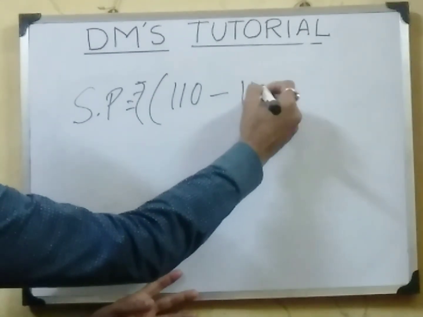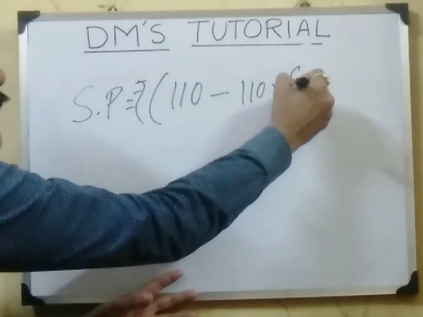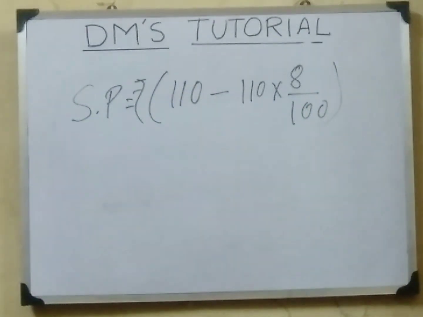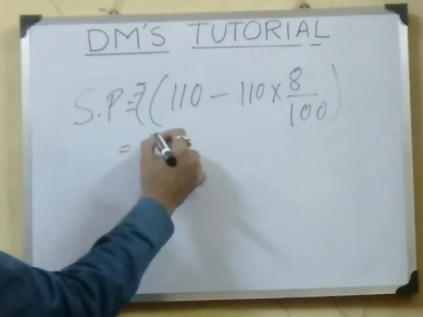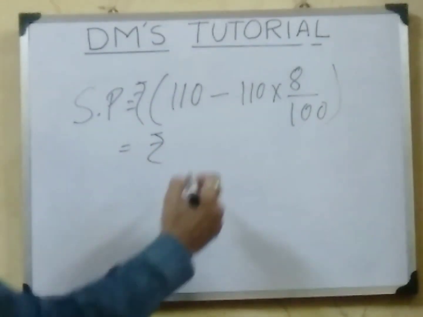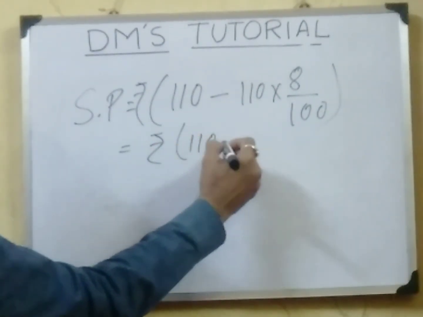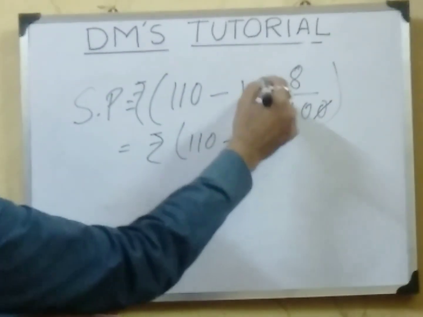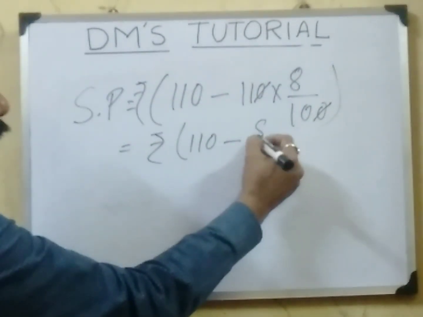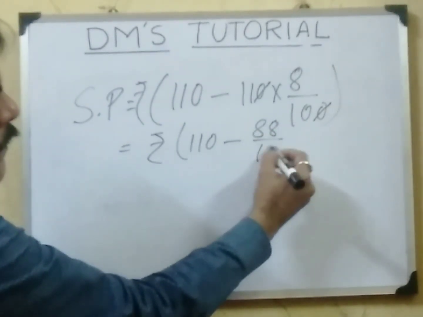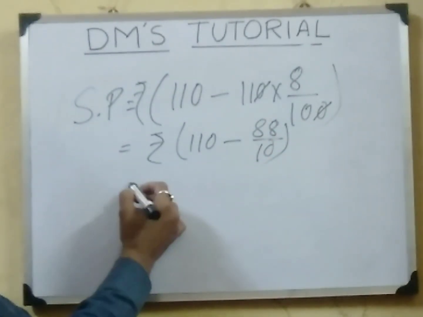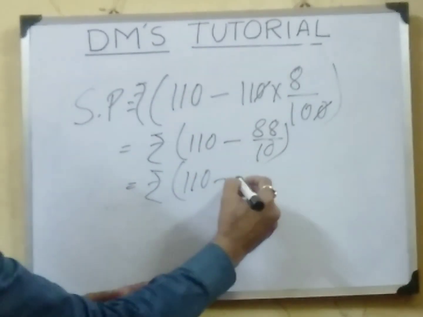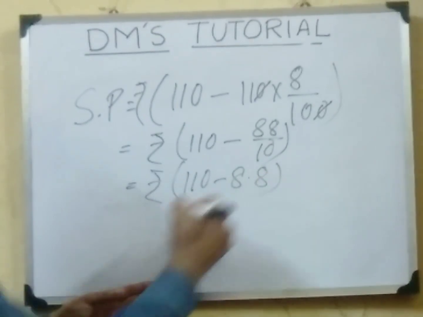That means 110 multiplied by 8 by 100. It equals to 110 minus 88 by 10. That is 110 minus 8.8.